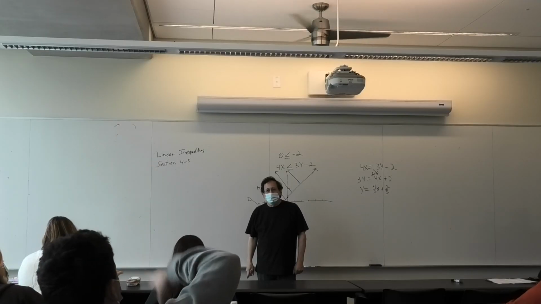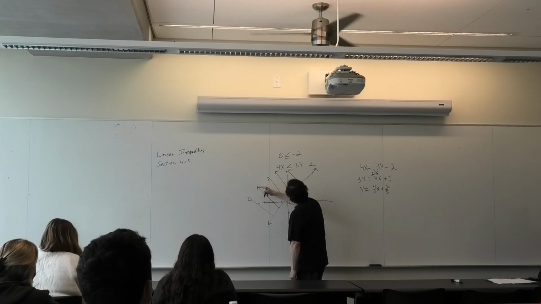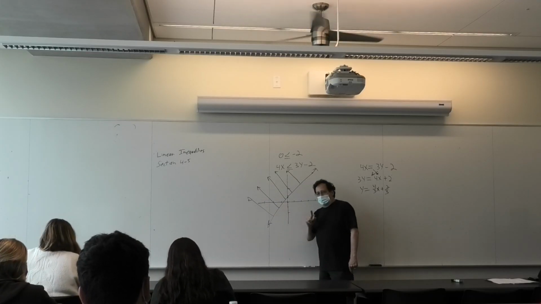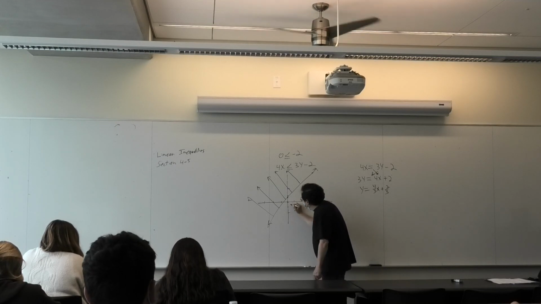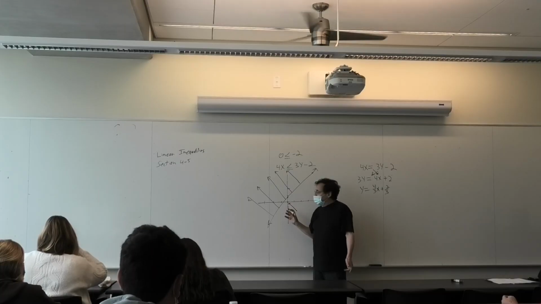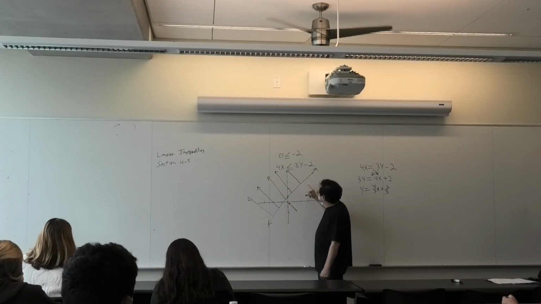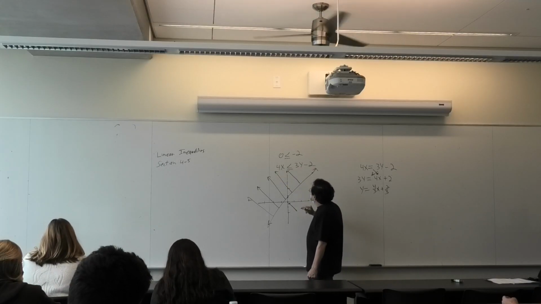Yes? How do you know where to draw the arrows? Very important. I picked this point, the origin 0, 0, because it's easy. I can pick any point. You can pick a point here, here, and learn, is it a true statement?